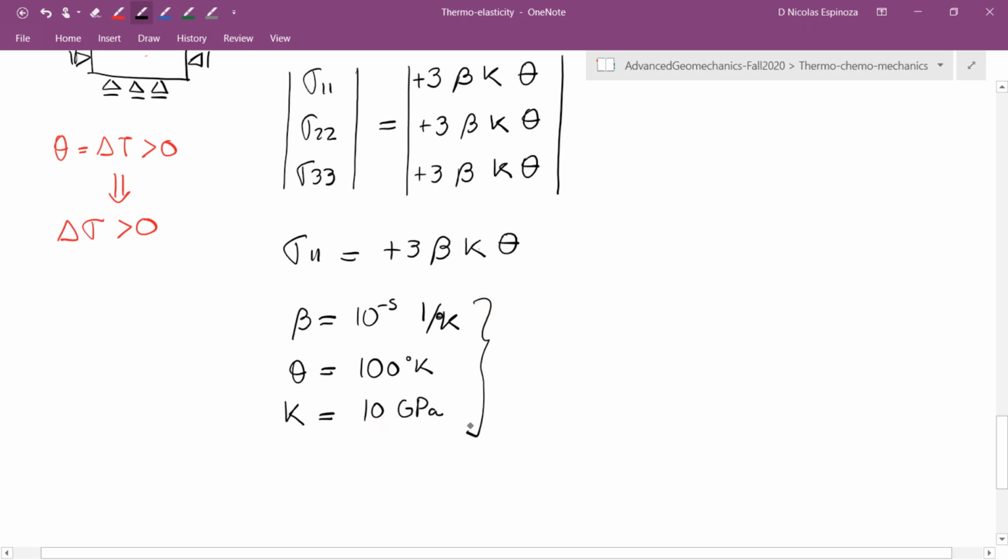Well, we can put all of these together, and you are going to get that sigma 11 then is going to be equal to, as we see over there, 3 times 10 to the minus 5, 1 over a degree Kelvin, times the bulk modulus, which is 10 to the 10 pascals, and this times the change of temperature, which is 10 to the 2 degree Kelvin, or degree C, is the same thing.